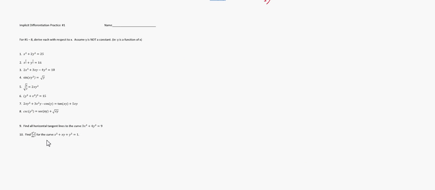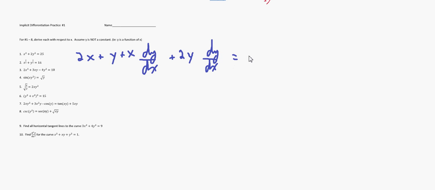What else we got? Oh man, second derivative, no problem. If you want to find the second derivative, that's what d squared y over dx squared means. You got to find the first derivative, so derive both sides. 2x plus y plus x dy/dx plus 2y dy/dx equals 0.